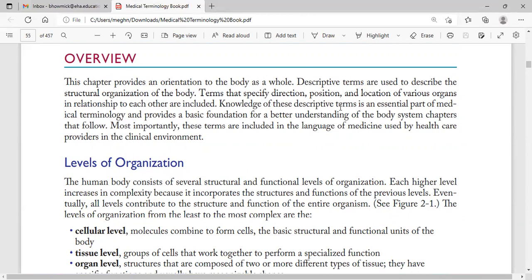Knowledge of these descriptive terms is an essential part of medical terminology and provides a basic foundation for a better understanding of the body system chapters that follow. Most importantly, these terms are used in the language of medicine by healthcare providers in clinical environments. So it is a little bit of overview.